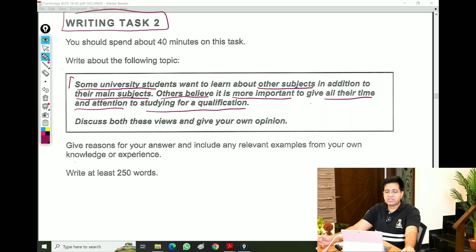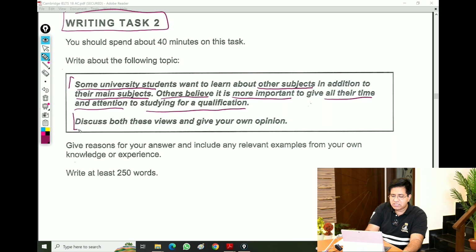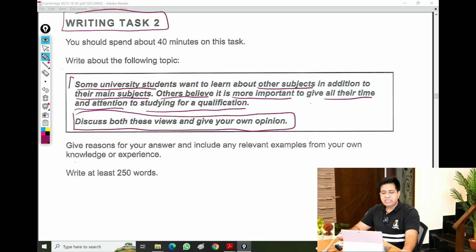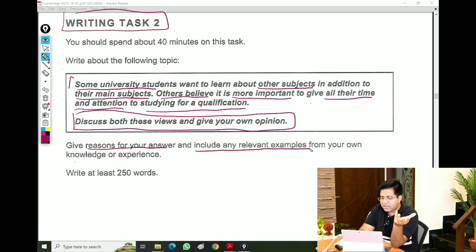So, 2 different sides. Now, this sentence will tell you about the essay type you are writing. Discuss both these views and give your own opinion. Give reasons for your answer means you need to discuss both views and give your opinion, and include any relevant examples from your own knowledge and experience, and write at least 250 words.